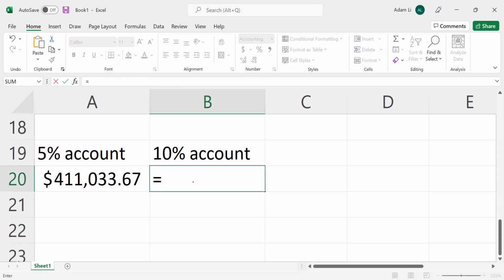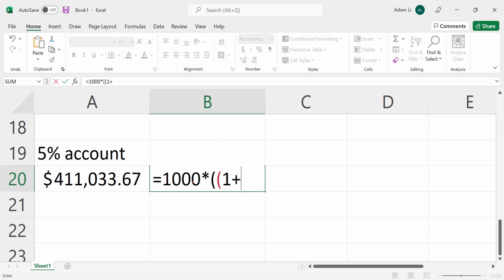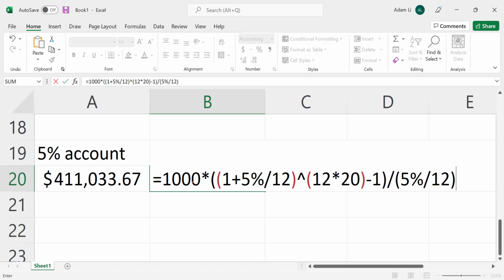So this is one more time: 1,000 times 1 plus 5%/12 raised to 12 times 20, 40 payments over the life of the account over 5%/12. Okay, that's good.